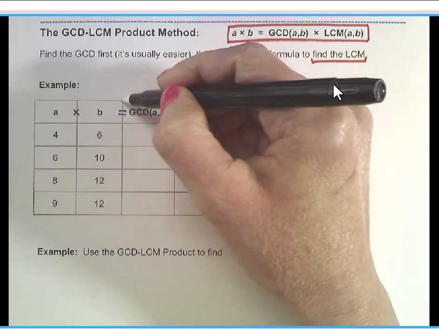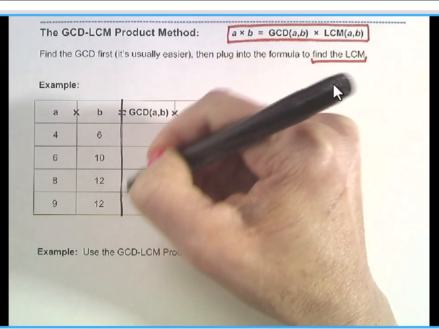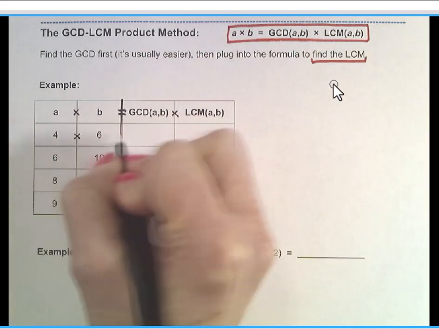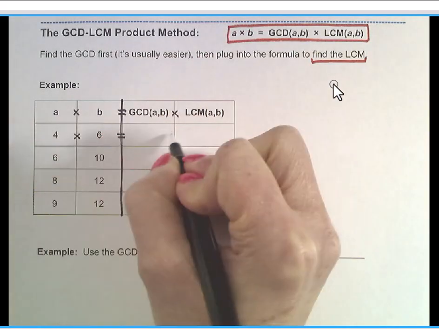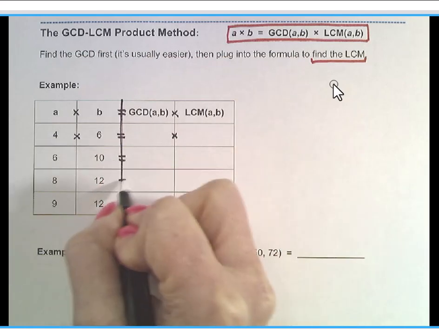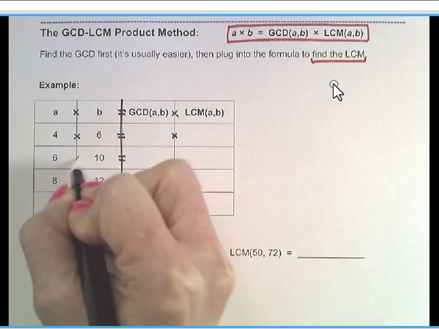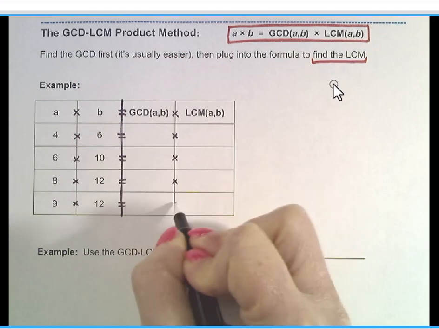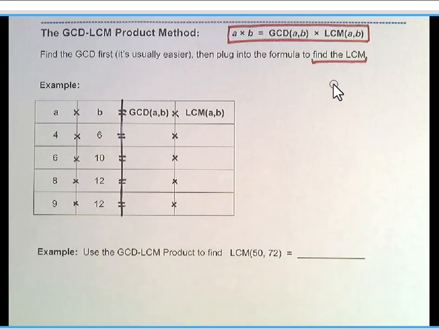So if you multiply the two numbers on the left, it will equal the GCD times the LCM.